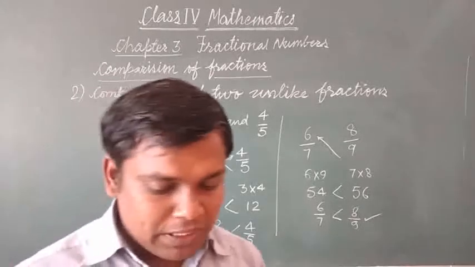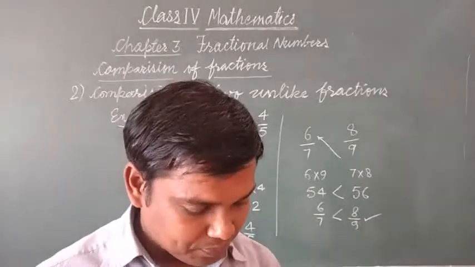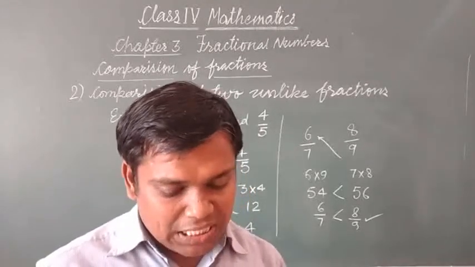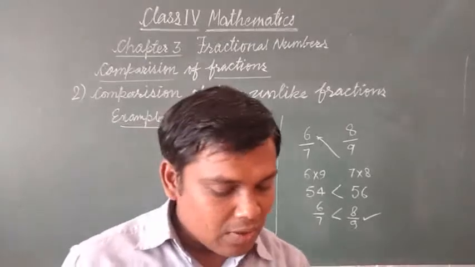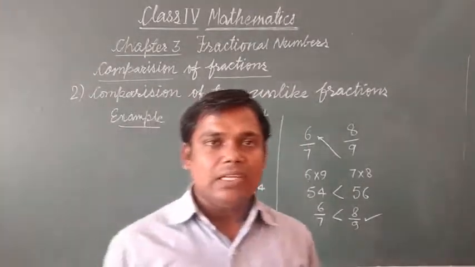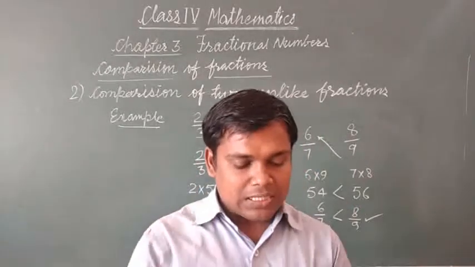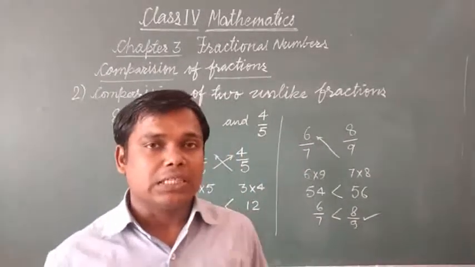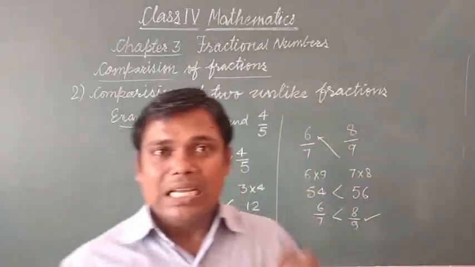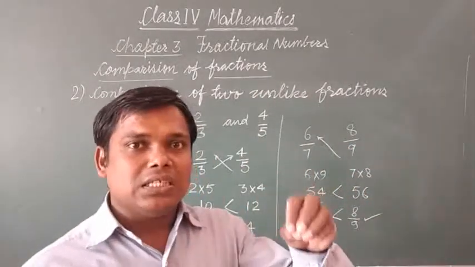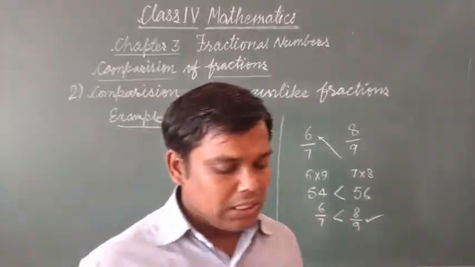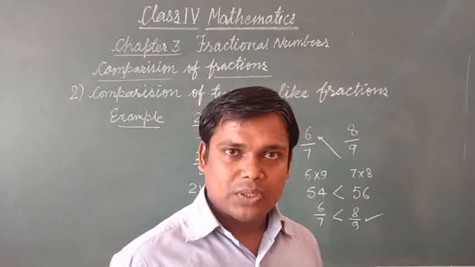Now with the help of this discussion, you will be able to do exercise 3.5. One more topic given here is comparison of a mixed fraction and an improper fraction. If you are given a mixed and an improper fraction, first of all you will convert the mixed fraction into an improper fraction and then do the comparison.